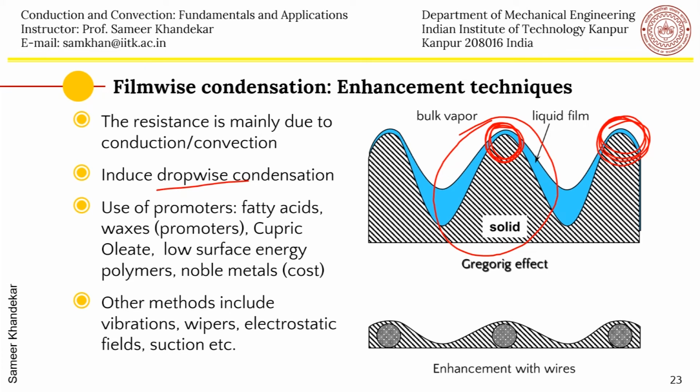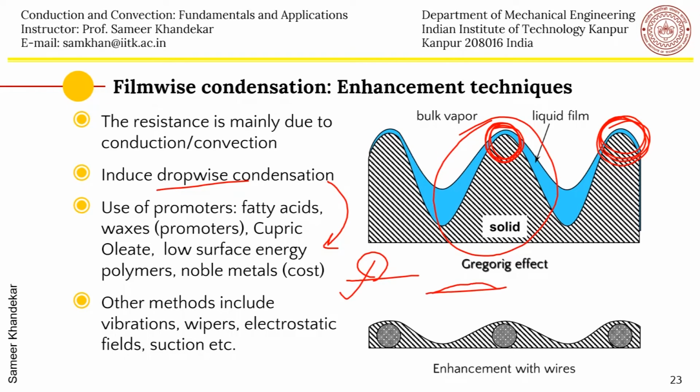So this is the non-wetting surface, this is a wetting surface, and a non-wetting surface will usually lead to drop-wise condensation. And the surfaces can be made non-wetting by putting some promoter layers or low surface energy polymers or things like that. Or you can use some vibrations or wipers or electrostatic fields to get rid of this liquid which is formed.